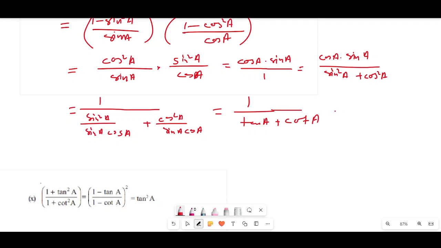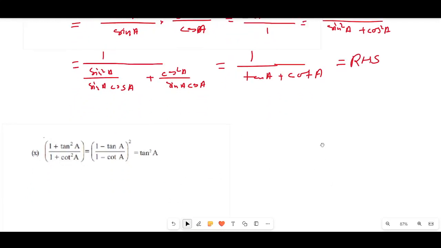So this is the right hand side. I hope you are able to understand this.